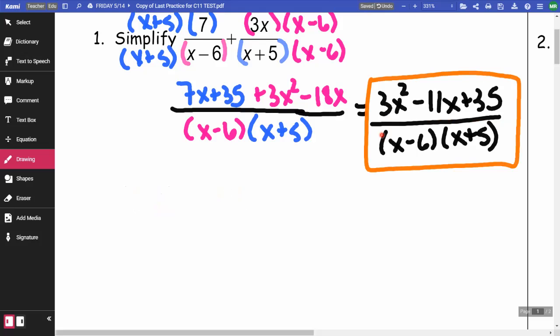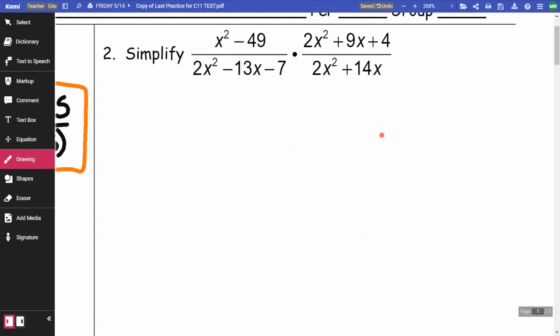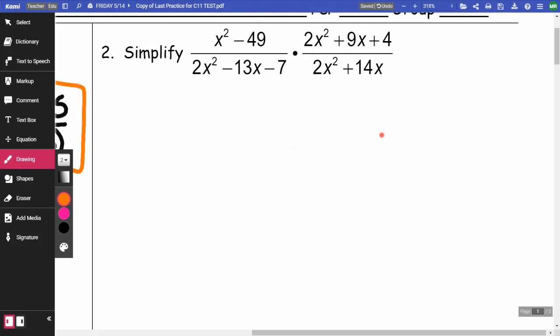Let's see, number 2. So this one is a multiplication problem. So I need to factor things, okay? So from my first fraction, my x squared minus 49, that's a difference of 2 squares.